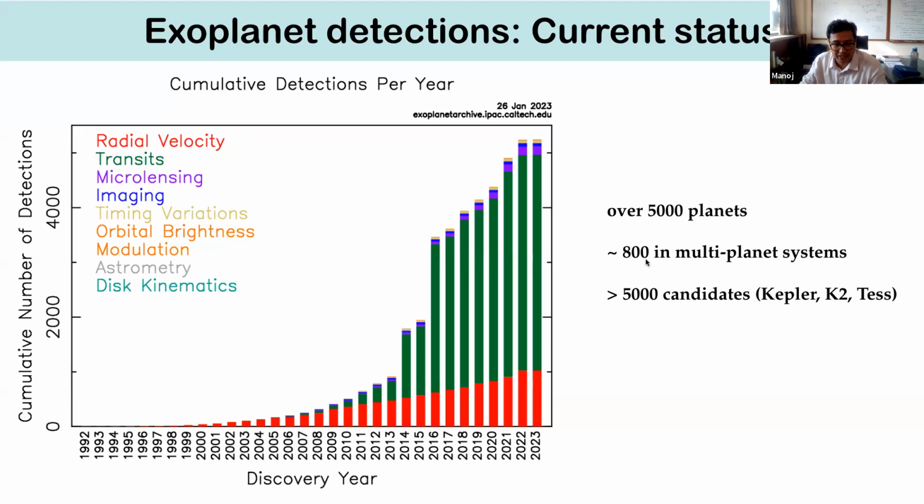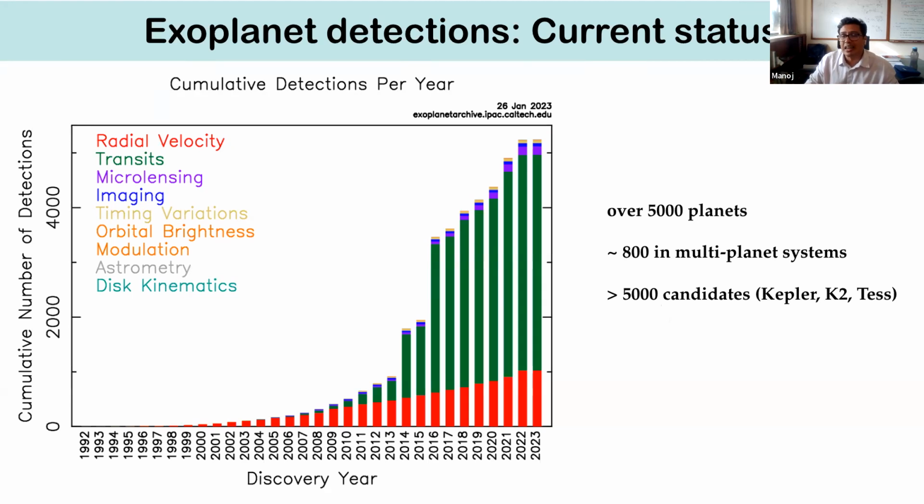And I think Saurav Chatterjee, my colleague, will probably talk about them and their architecture tomorrow. I'll not talk very much about them. And between Kepler, TESS and K2, there are about a few thousand candidates which are yet to be confirmed.